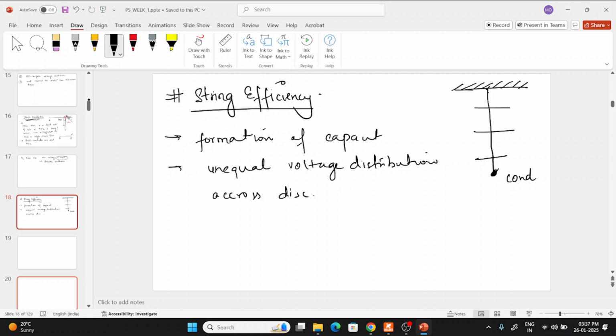ओके, अब इससे क्या होता है, the problem with unequal distribution here is that जो डिस्क हमारी कंडक्टर के पास लगी होगी, it will have a higher stress than the disk which is connected near to the tower, which is away from the conductor.